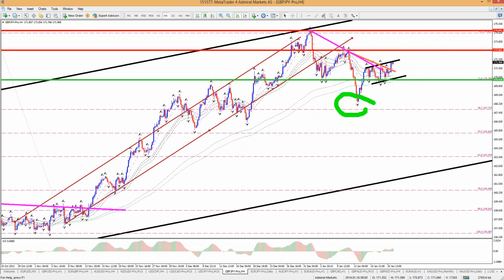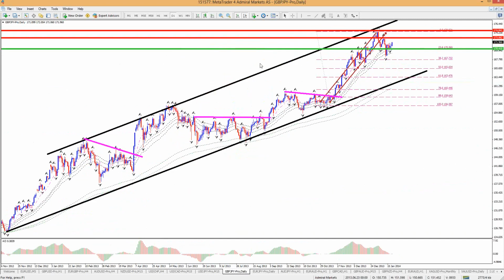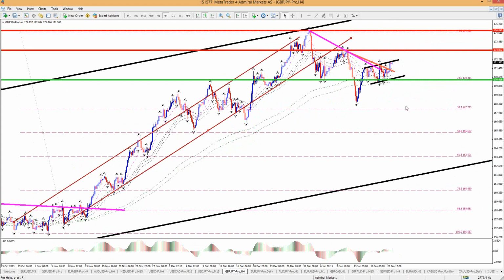The 38.2 fib is very common if there's a very strong trend. That is usually where the currency stops if we're trending very fast. So this is not that unusual.